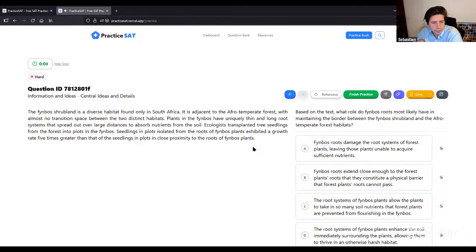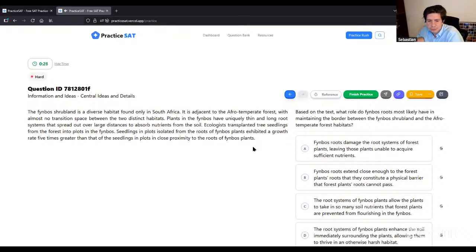The Fynbos shrubland is a diverse habitat found only in South Africa. It is adjacent to the Afro-temperate forest, with almost no transition space between the two distinct habitats. Plants in the Fynbos have uniquely thin and long root systems that spread out over large distances to absorb nutrients from the soil.